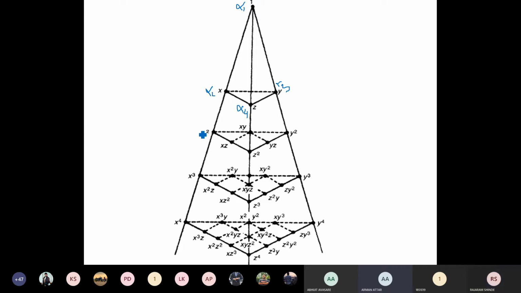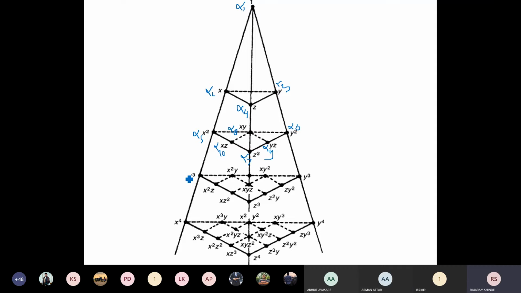Now here alpha 5, alpha 6, alpha 7, next alpha 8, next at this location alpha 9, and alpha 10. Okay, this is quadratic.